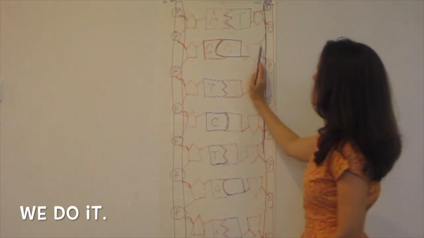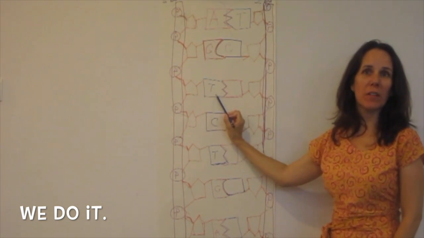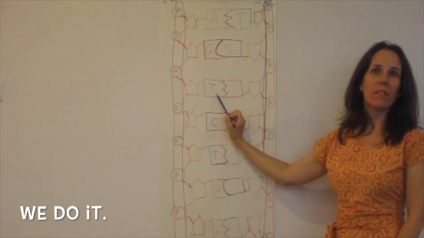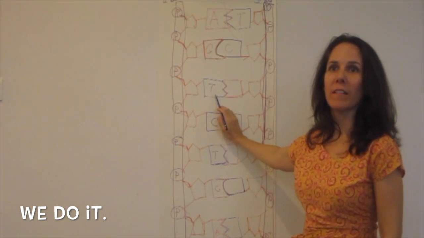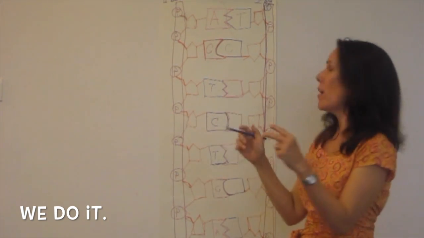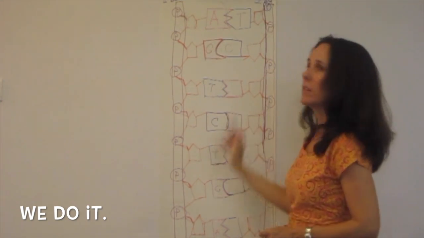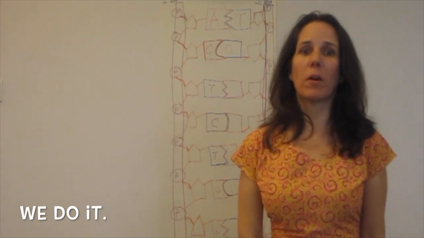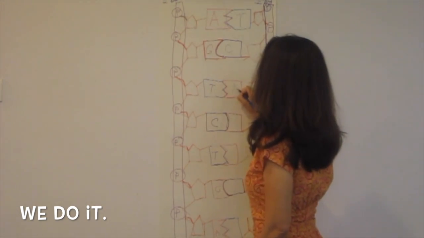Now, in the next set of base pairs, we have T. Emily, what does T stand for? Thymine. And what does thymine bind to? These are hydrogen bonds here. So what is the thymine bonded to with hydrogen bonds? Adenine. Adenine. That's right. Very good.